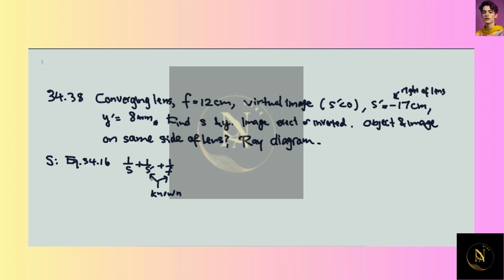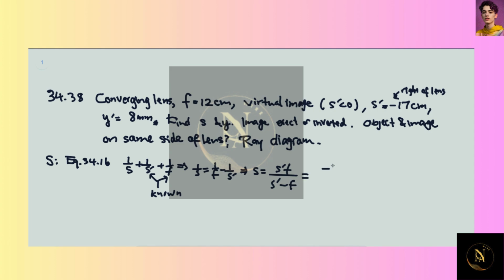And so we can very simply solve for s. So 1 over s is 1 over f minus 1 over s prime. And then I can put these over a common denominator and then flip everything by just taking the reciprocal. And then I get s is equal to s prime f divided by s prime minus f.